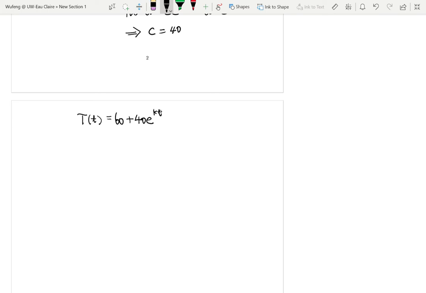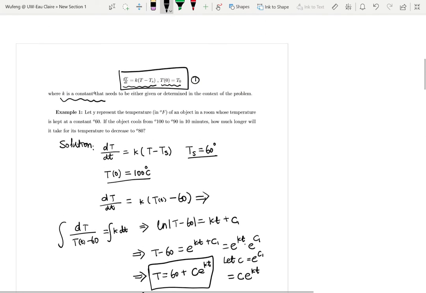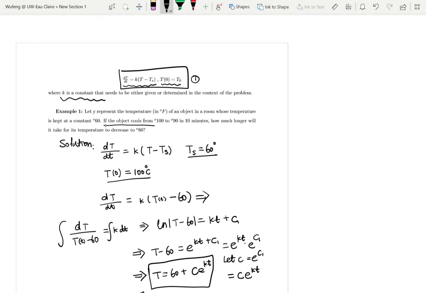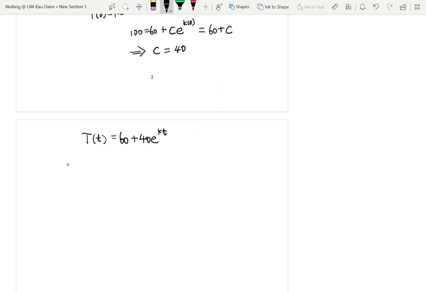All right, so now we solve that. We have not used this condition yet: the object cools from 100 to 90 in 10 minutes. Based on t equals 10, T(10) equals 90, to solve k.